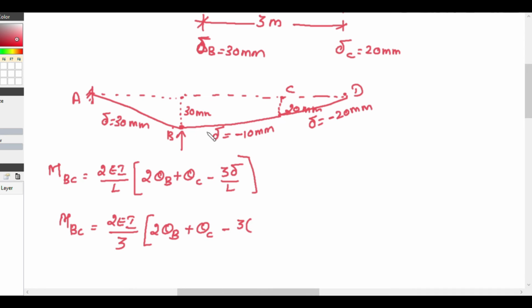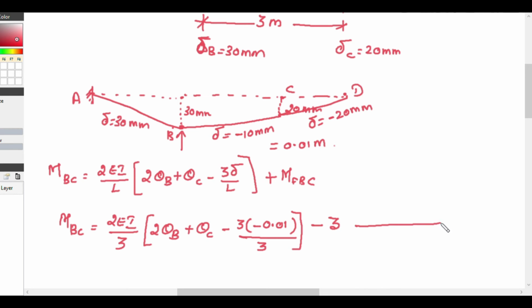The deformation is in the upward direction, so it is minus 10 mm, that is equal to minus 0.01 meter, divided by L is 3. Now you have here MFBC also. So this is minus 3 kilonewton meter, which we have already found in our first step. So this is our equation number 3.